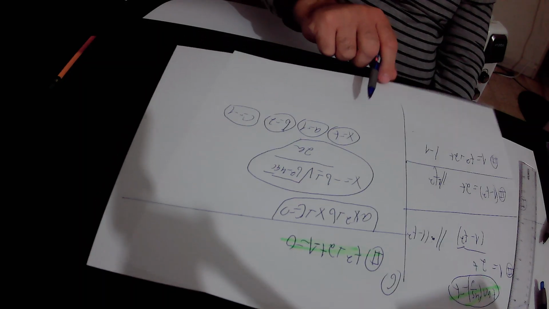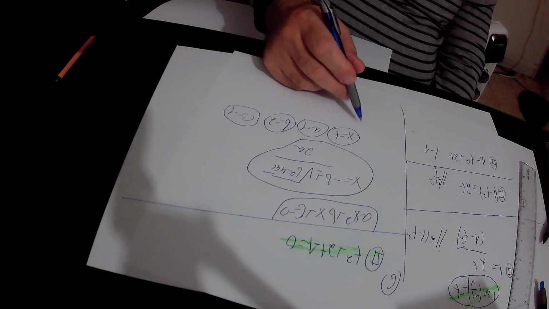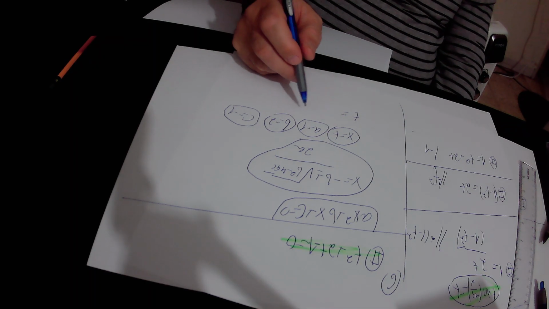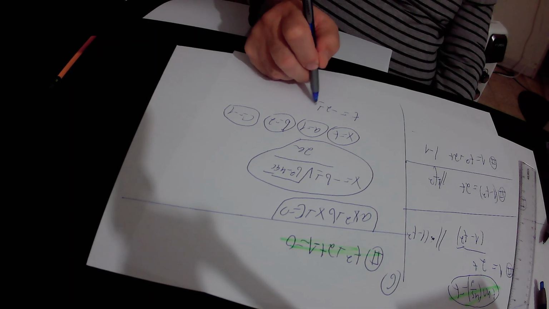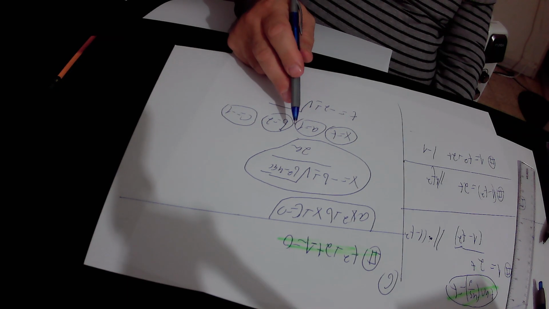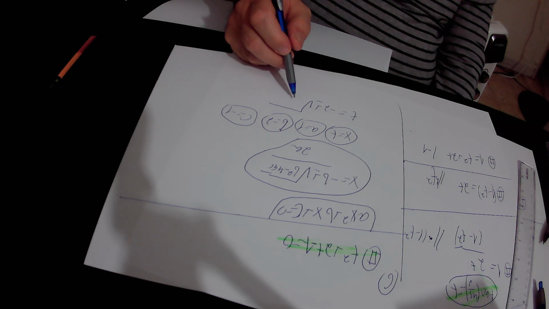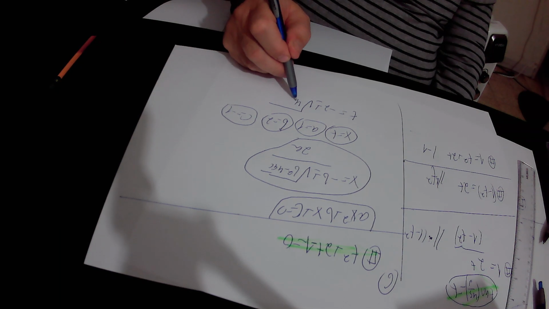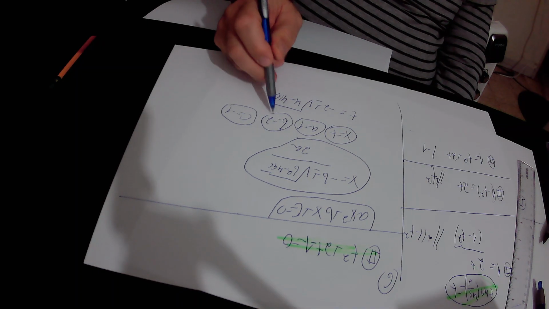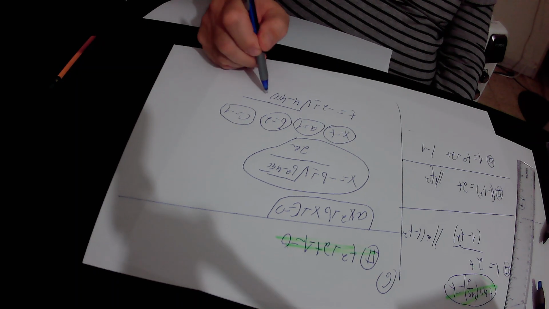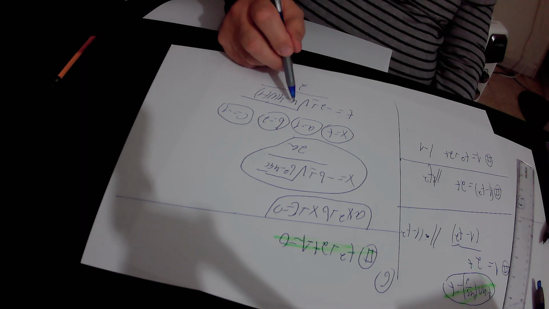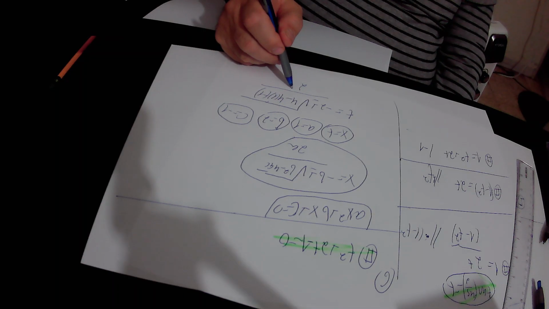We do it now and we get that t equals minus b. b is 2, therefore minus b is minus 2, plus minus square root of b squared. b is 2, so b squared is 2 squared, that is 4. Minus 4 times a is 1, times c, that is minus 1. All divided by 2 times a. a is 1, so it is 2 times 1.